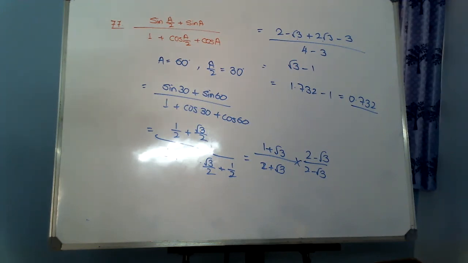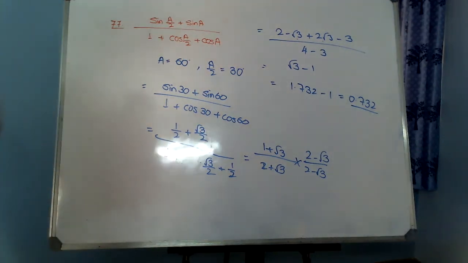Something is not working out well. Tan 30, tan 60 is not right. Sine 30, of course not, because it will become half. Cos 30 is also not giving me this.